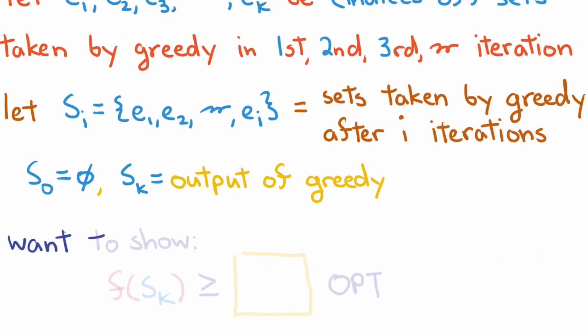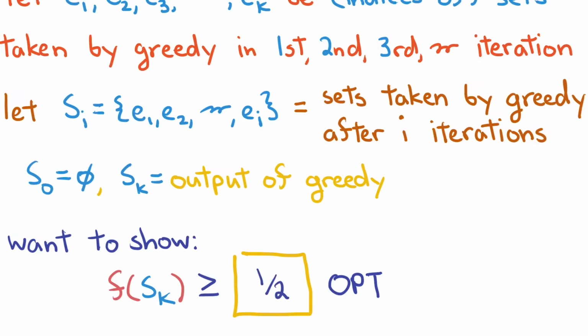We want to show that the total coverage at the end of the algorithm, f(S_k), is at least some factor times the optimum value attainable by any k sets. This could, for example, be 1/2, or 1/4, or 1 over 2 to the 260, or 1 over log n, or 1 over square root n. We don't know, but we want this number to be as large as possible.